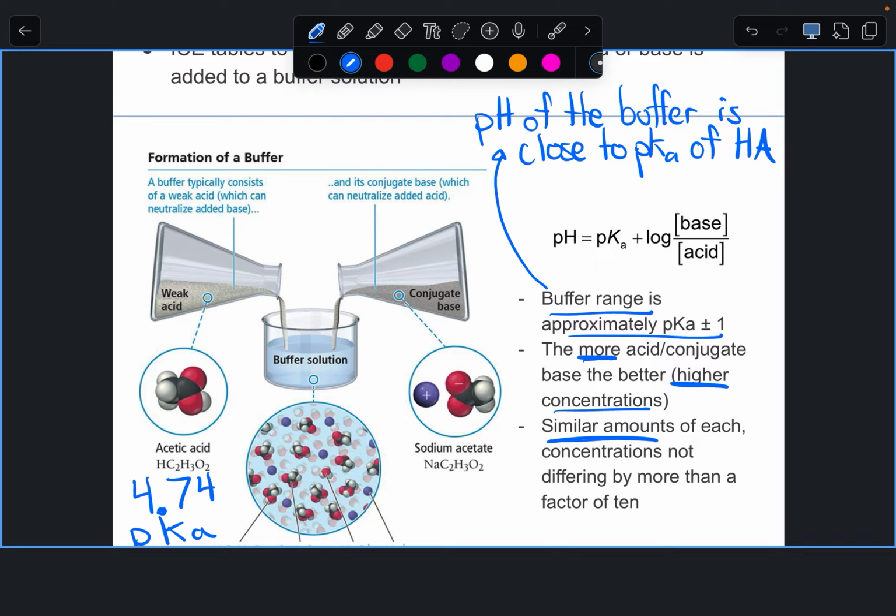Instead of actually doing the ice table, this equation was developed. It's called the Henderson-Hasselbalch equation, and it comes from the simplified ice table. If you care, I'll show you how it's derived, but it took me like 5 to 7 minutes in the other class, and I think it would be better to just do more practice problems, okay? So this substitutes in for the ice table for these problems.